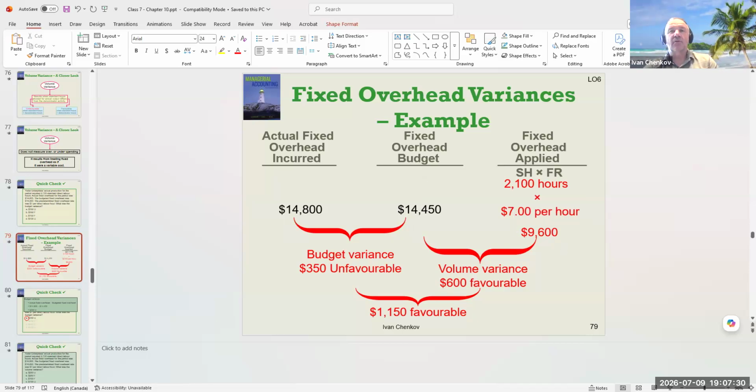And that's going to give us a cost of 2,100 times 7, correct? Which will be transferred to $14,700.